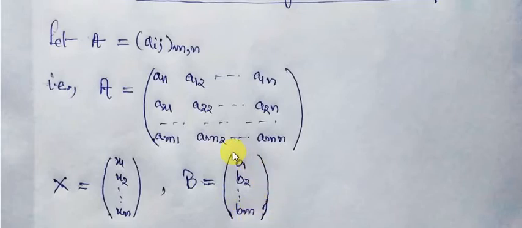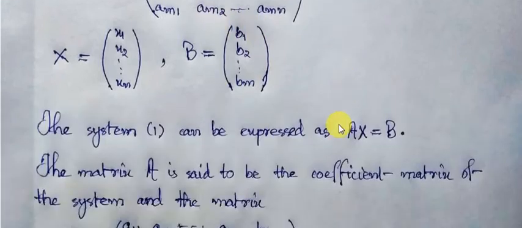We are now forming the matrix A bar, which is called the augmented matrix, taking this b1, b2, and so on, bm as an extra column of this matrix A. That means we are adding an extra column to the matrix A, and the column is b1, b2, so on, bm. This is the augmented matrix A bar.